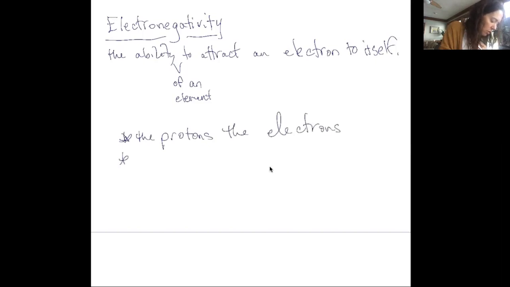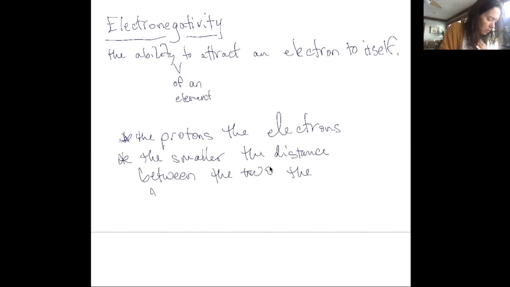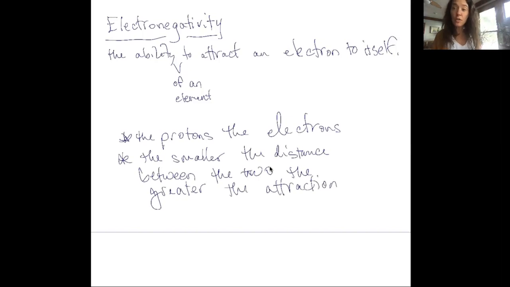And the smaller the distance between the two, this is what this is all about. The smaller the distance between the two, the greater the attraction. Okay? The greater the charge, the greater the attraction.